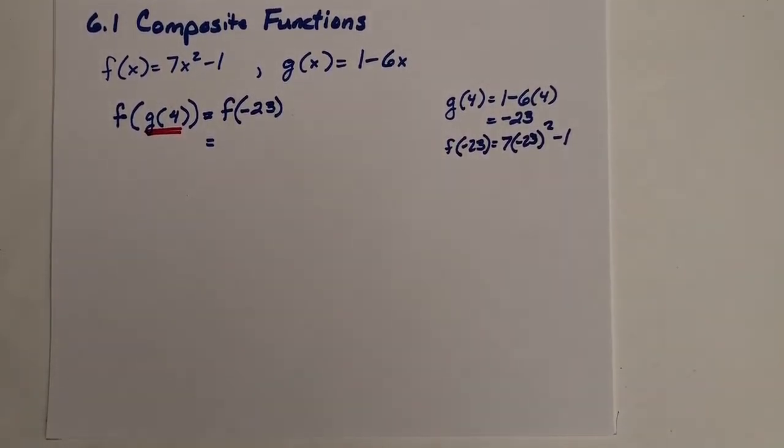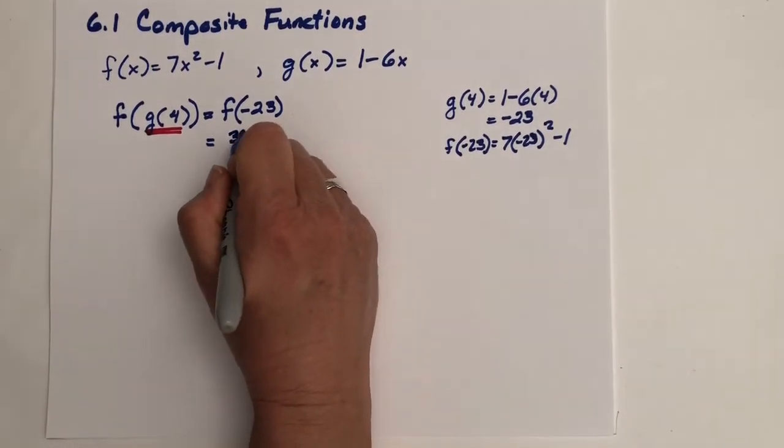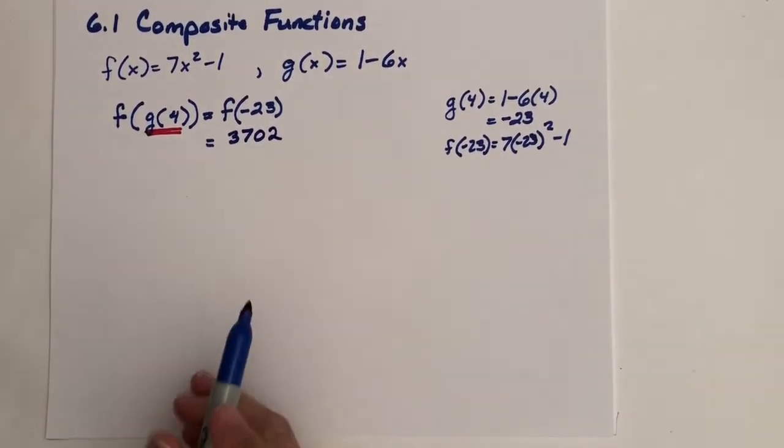So negative 23 squared, I'll just do that on my calculator. So we have 529, and we're multiplying that by 7, and we're subtracting 1. So we get 3,702.